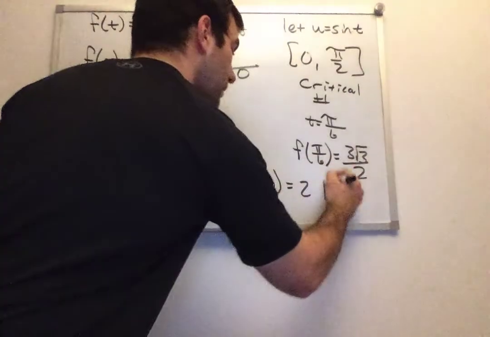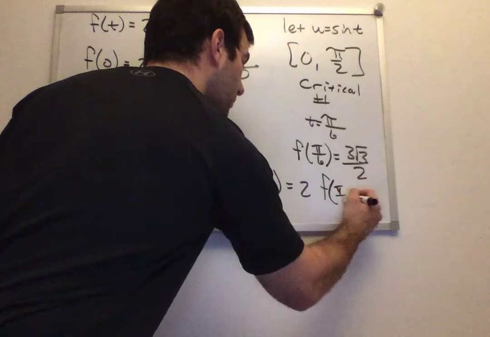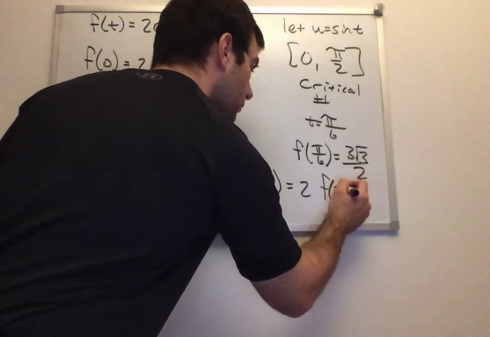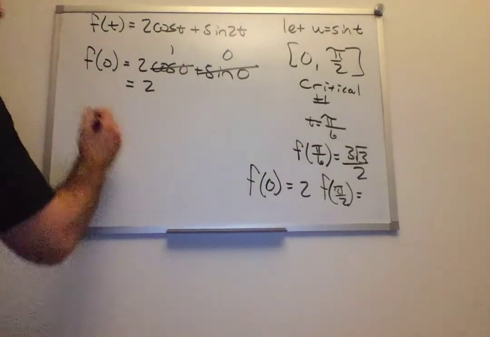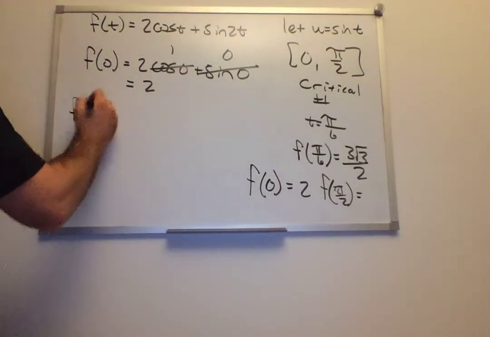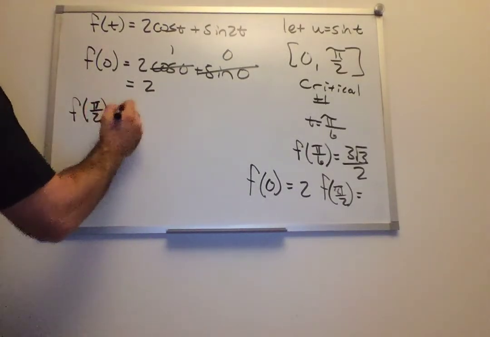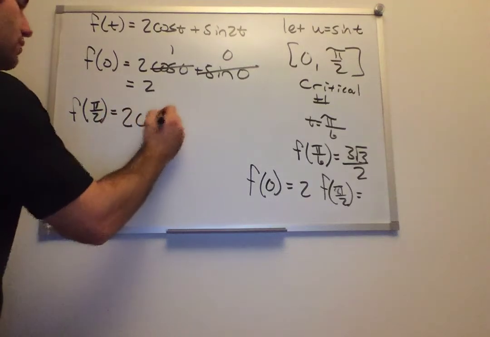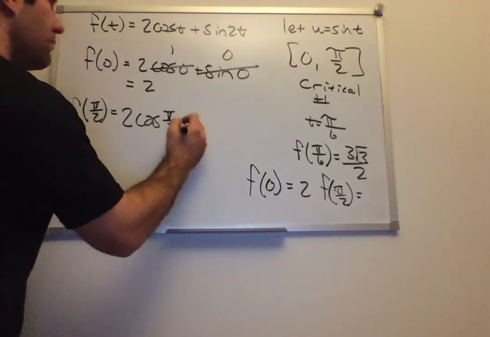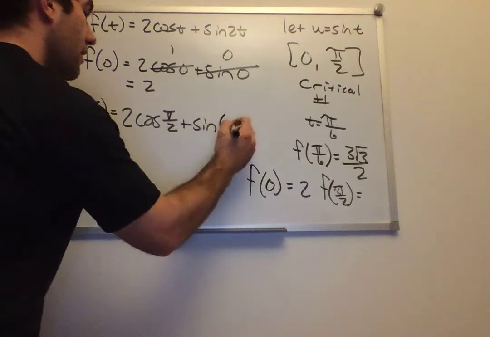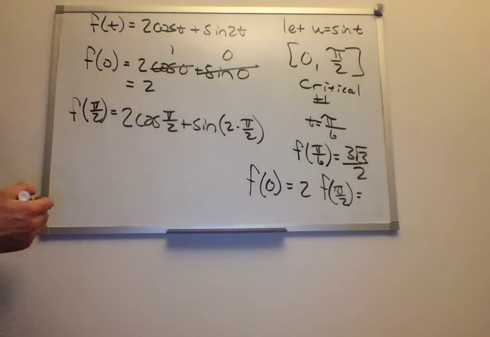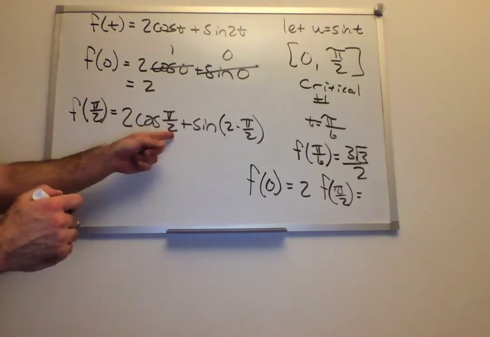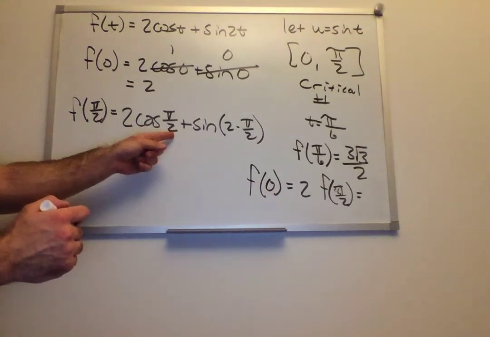Let's go ahead and find our other endpoint, f of pi over 2. f of pi over 2 is equal to 2 times the cosine of pi over 2 plus the sine of 2 times pi over 2. The cosine of pi over 2 is 0.